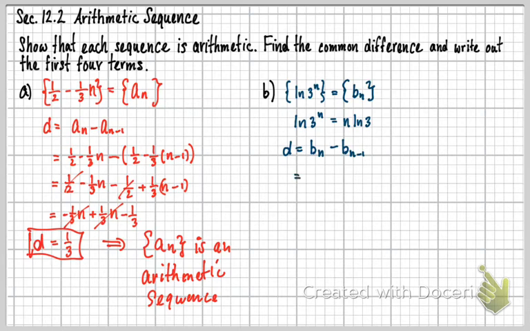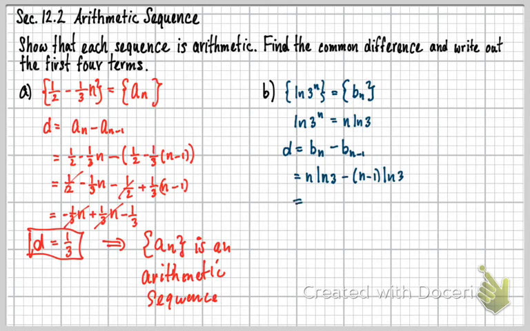So b sub n is going to be n ln of 3. And then minus b sub n minus 1, I have to use parentheses here because this is a times. So that's going to be n minus 1 times ln of 3. So now from here, I'm just going to distribute.